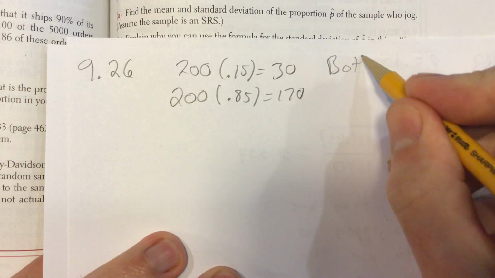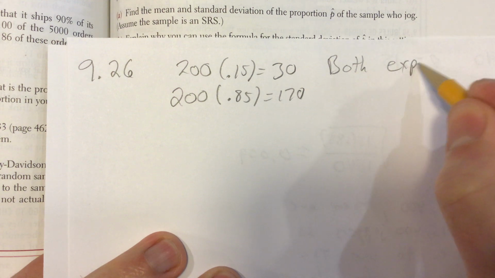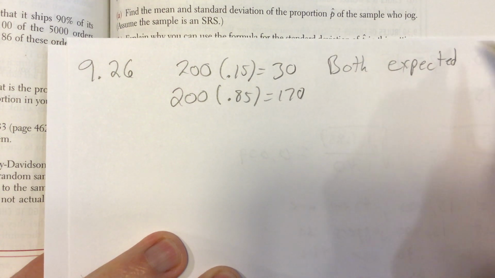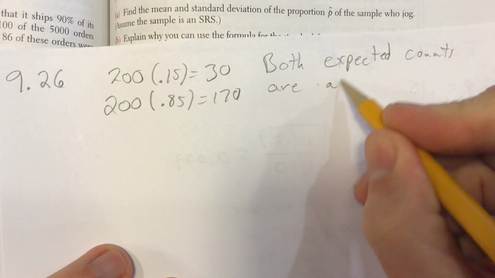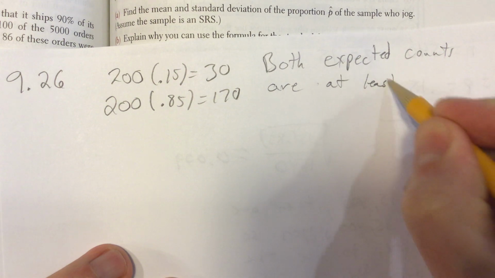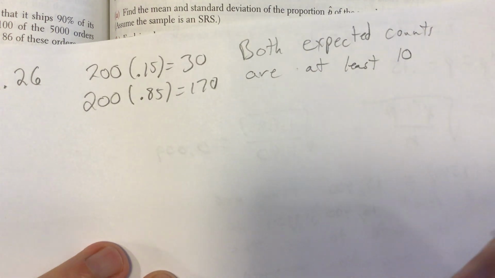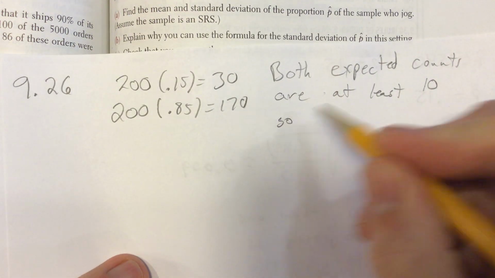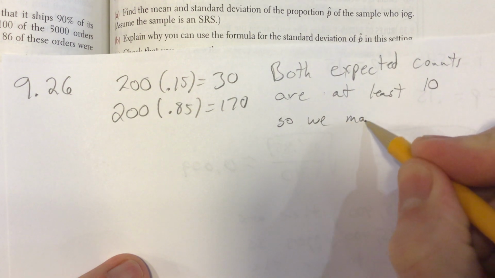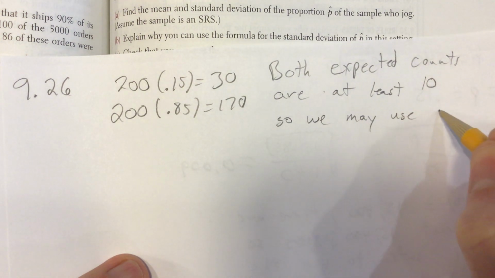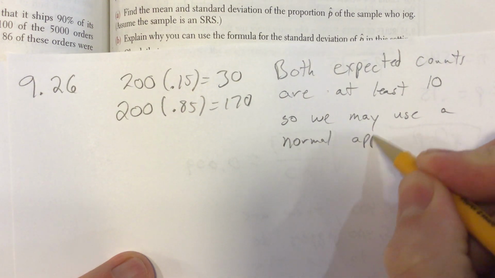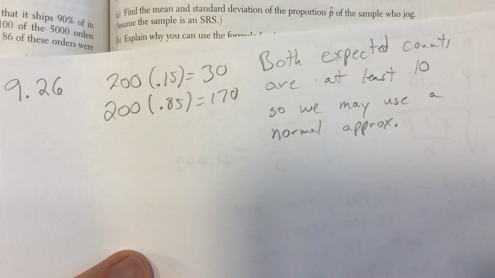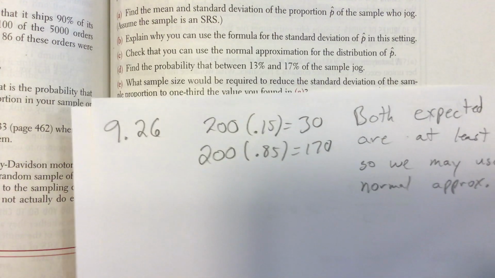Again, both expected counts, expected successes and failures, are at least 10. So we may use a normal approximation.